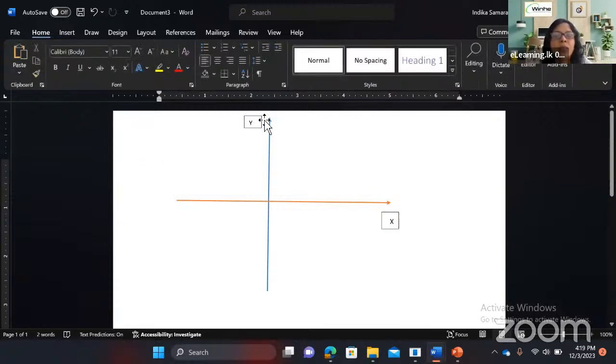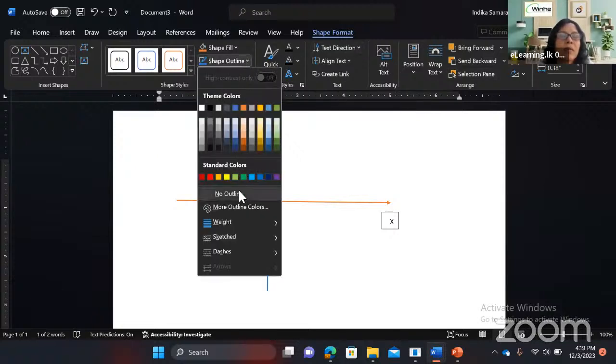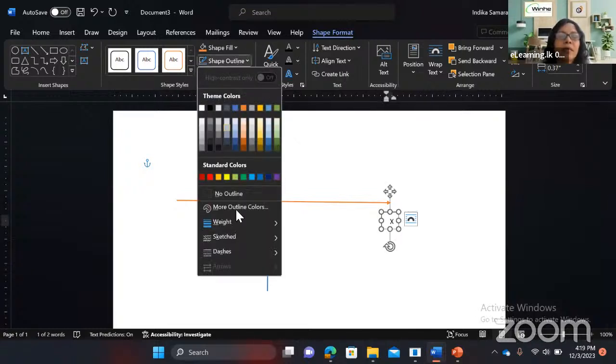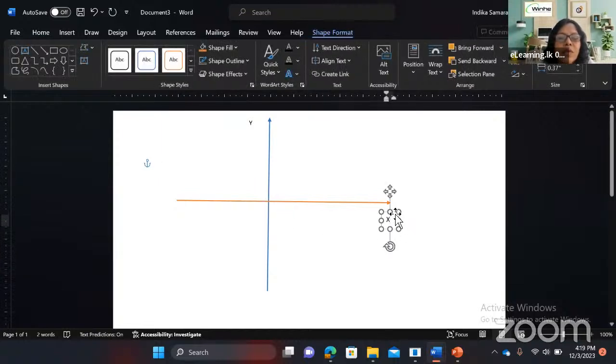Here I have shown those axes in two different colors. You can see it, right? In the 2D plane, the vertical axis we call the y-axis, and the horizontal axis we call the x-axis. And what do we call the intersection of two axes?